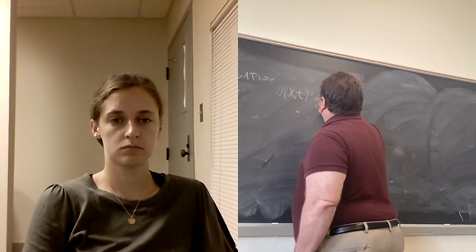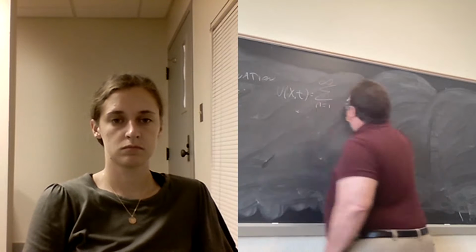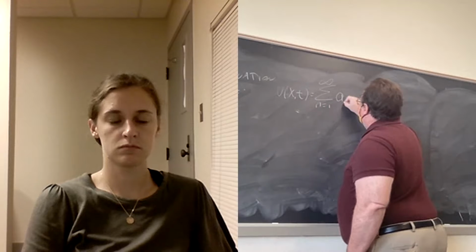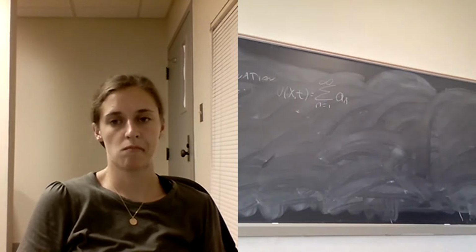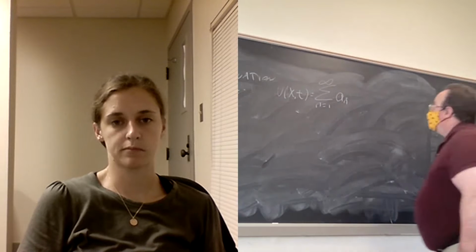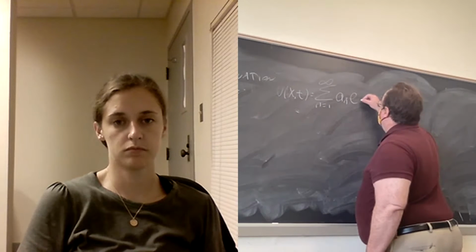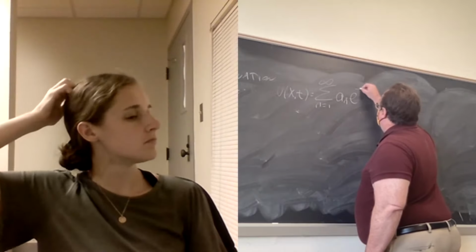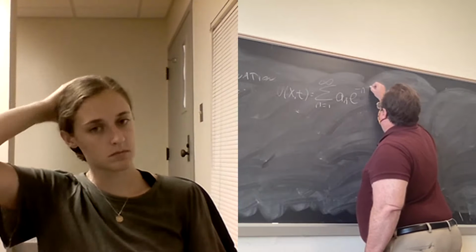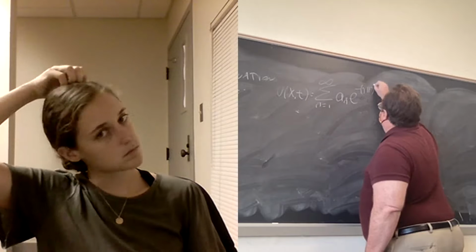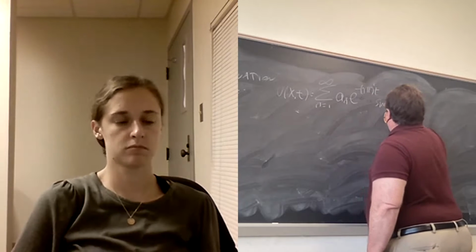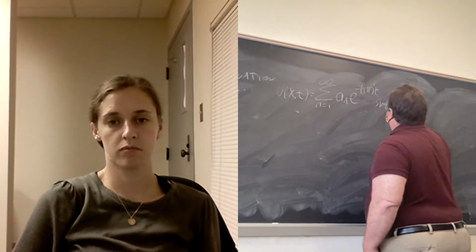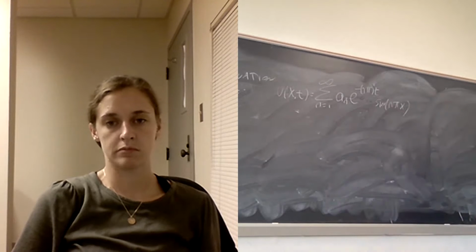It's a sum with some coefficients a_n that come from a Fourier sine series of the initial data, u naught of x, times a decaying exponential, times sine of n pi x.